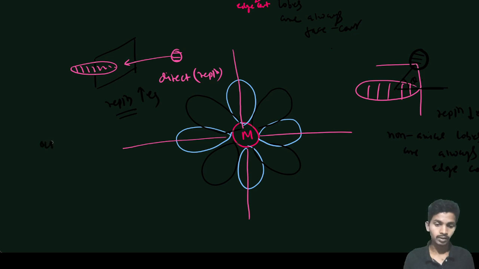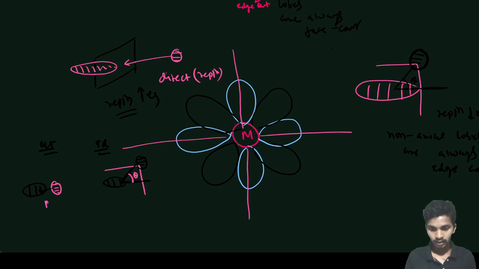Now, if I talk about octahedral and tetrahedral, if these are the lobes and the ligands are here, and again if these are the lobes and ligands are here, we can see that they have this type of angle, theta.